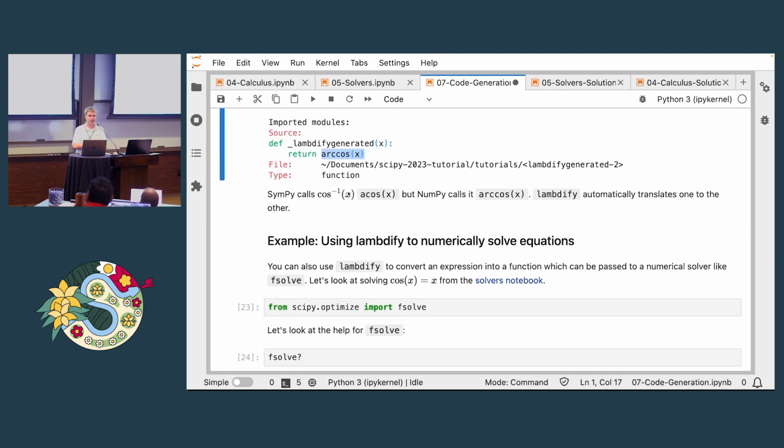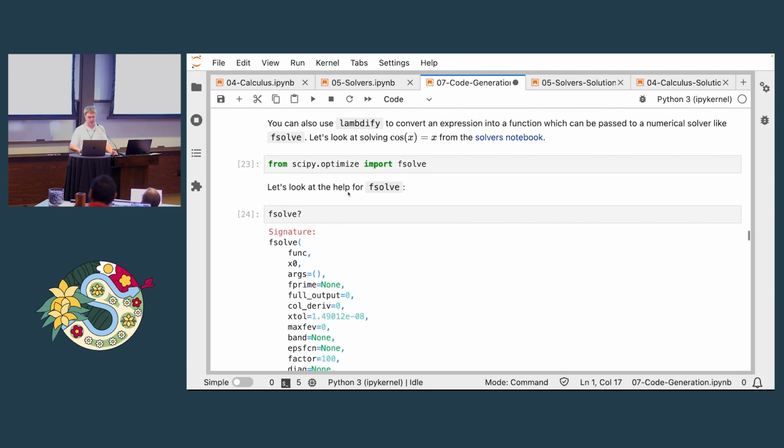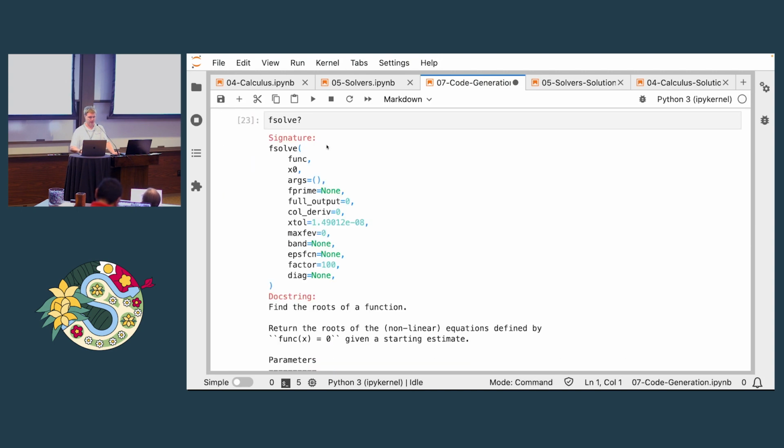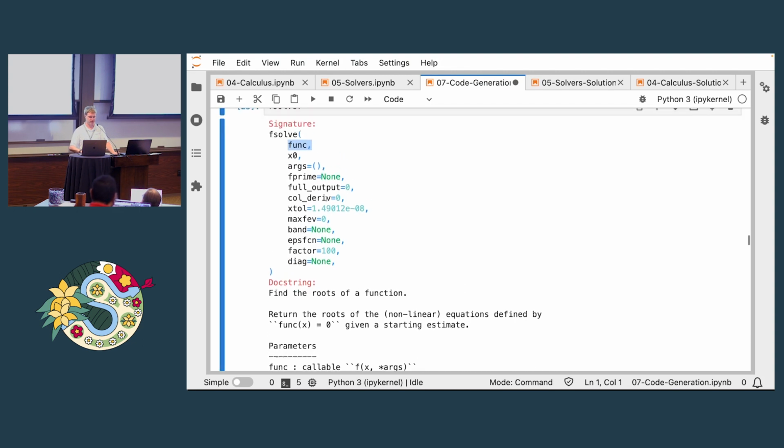So how do we actually use lambdify to do things? If you recall back in the solvers section, we talked about solving the equation cosine of x equals x. We said you can do that with SymPy with nsolve, but maybe a better solution to do that numerically would be to use SciPy's fsolve function. If we look at the documentation for fsolve, we see that it works very similar to SymPy's nsolve.